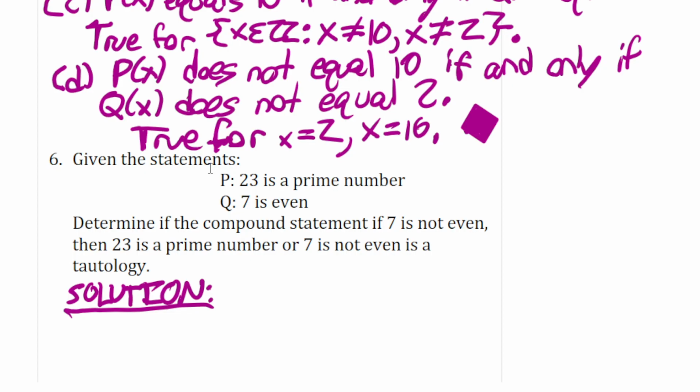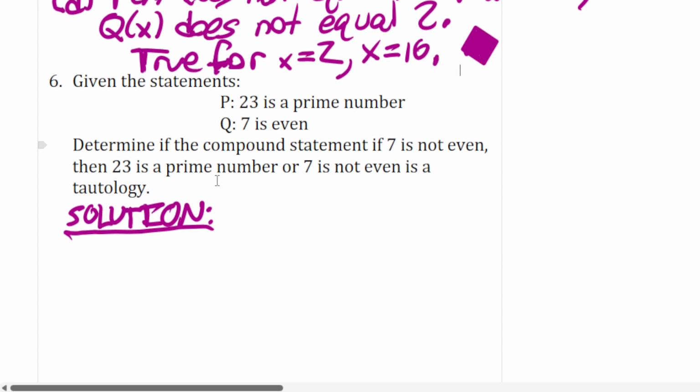And we are asked to determine if the compound statement, if 7 is not even, then 23 is a prime number, or 7 is not even, is a tautology. So let's break this down. Let's break down the words and figure out what's being stated here.